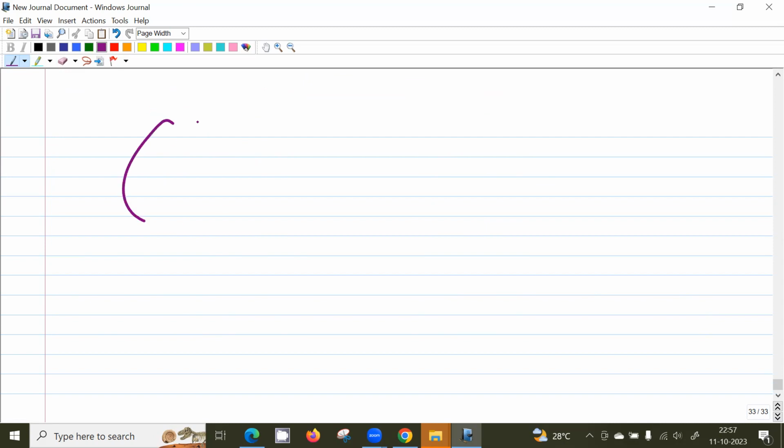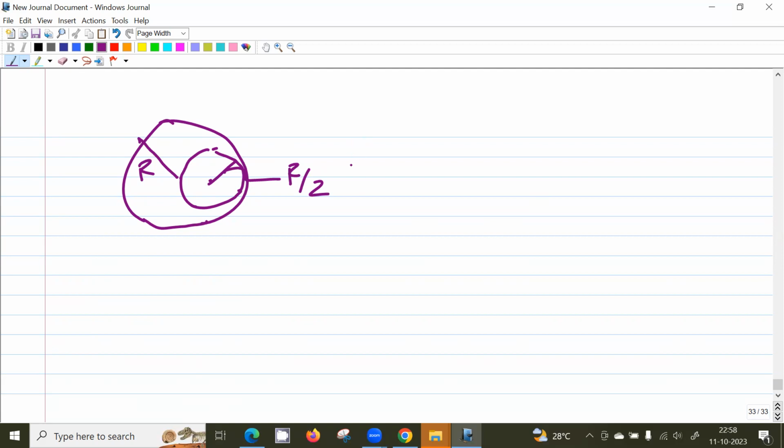So if this is a disk of radius r, and there is a hole of this much size. So the radius of this thing is r, and the radius of the hole is r by 2.